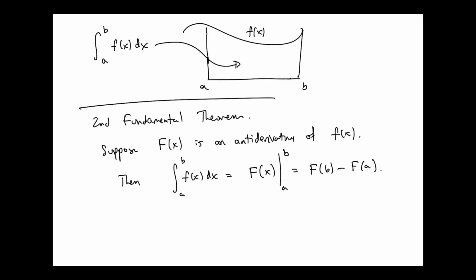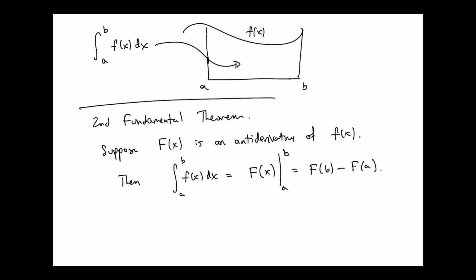Okay, and I want to find the area in between two mystery points A and B, whatever they are. Okay, then if you know an antiderivative, all you have to do is evaluate it at the two points.